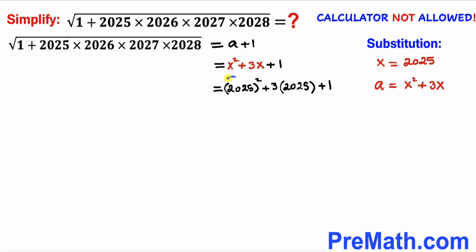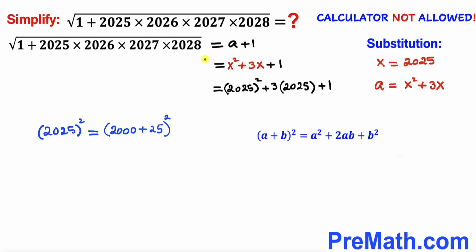Now let's focus on this part, 2025 whole squared. Here I have copied it down. Now let's focus on 2025. We can break it down to 2000 plus 25, as you can see in this next step. Now let's recall this identity once again. a plus b whole squared could be written as a squared plus 2 times ab plus b squared.